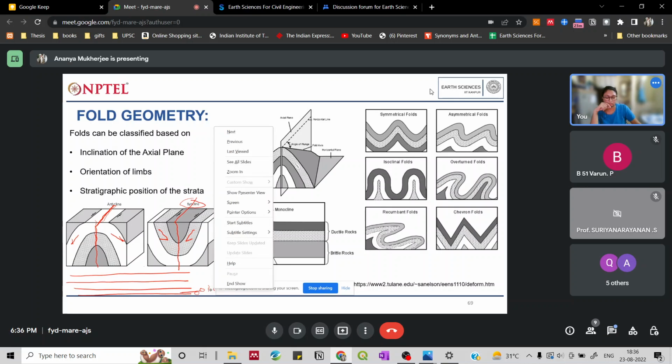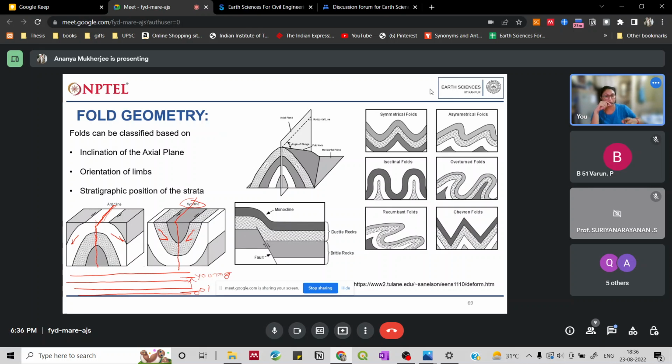And the one on top over here is going to be the youngest. So the age of the rocks actually increases from bottom to top. Now these horizontal layers got deformed by, say, compression. That is why these anticlines and synclines are formed.